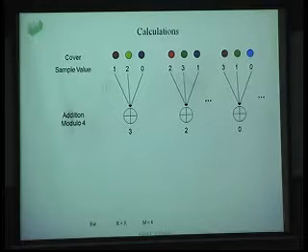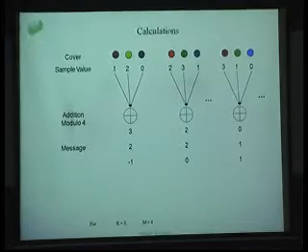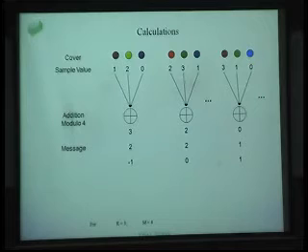The message bits are also 2 bits, 2 bits. That value will also be either 0, 1, 2 or 3. Take the corresponding values from the message. Suppose the first 2 bits of the message have the value 2, the second 2 bits have the value 2, the third 2 bits have the value 1.